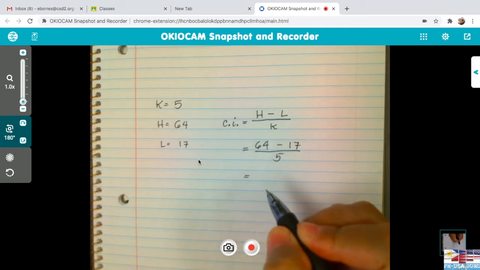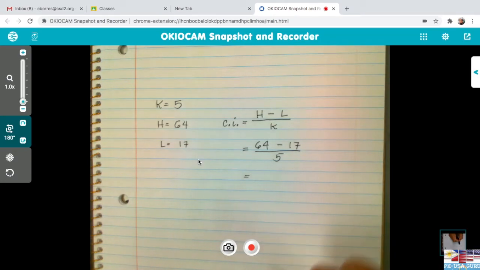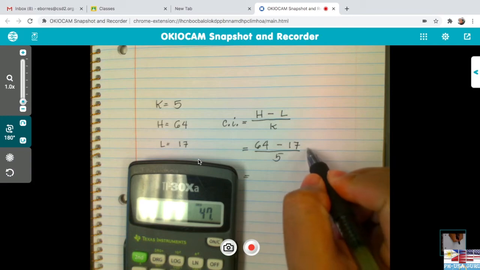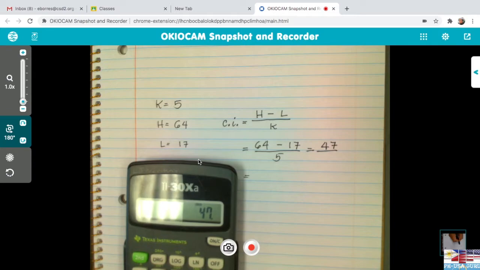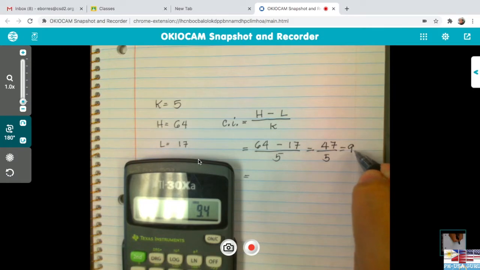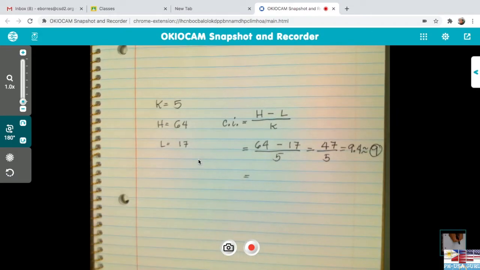Let us solve. What is 64 minus 17? 64 minus 17 equals 47, divided by 5 equals 9.4. I want you to round off 9.4 to a whole number, and 9.4 is equal to 9. So the interval is 9.